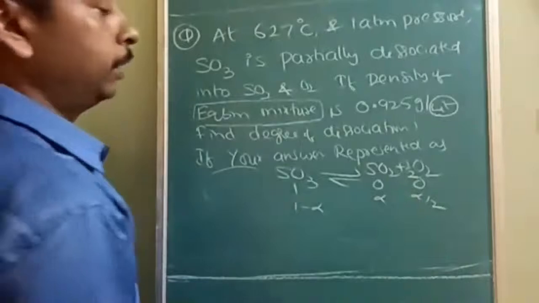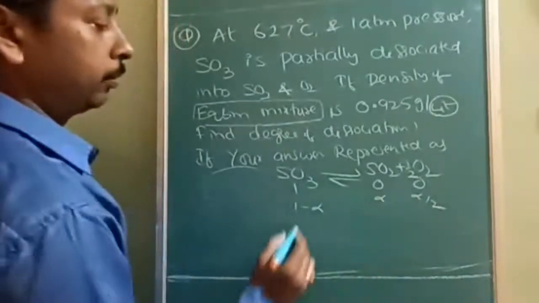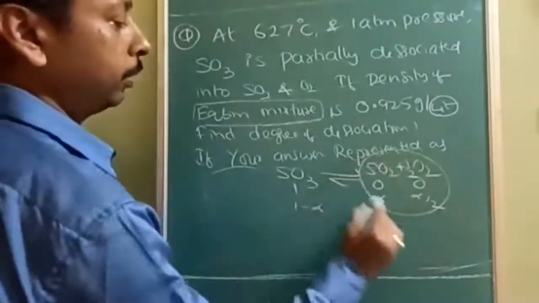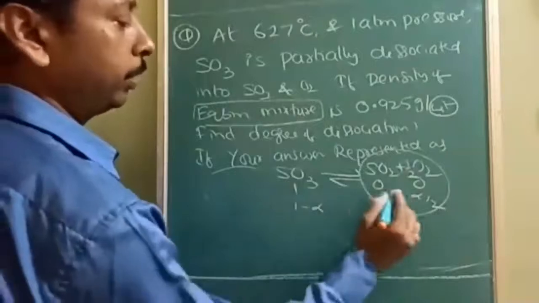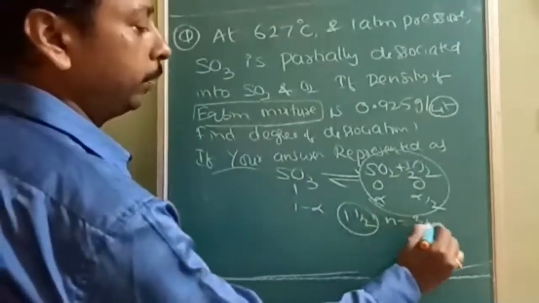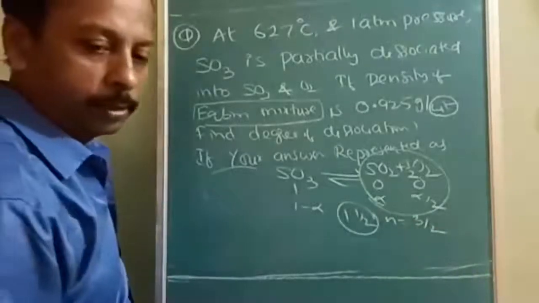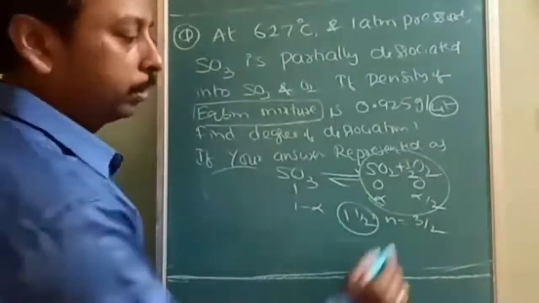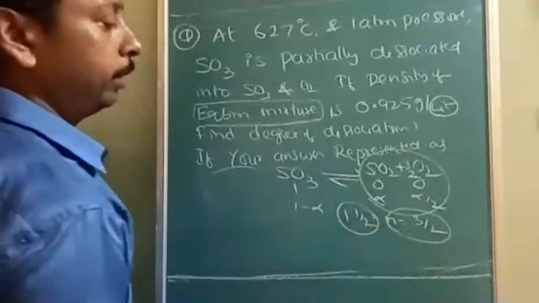The main problem with this type of question is finding the n value. Here 1 mole is giving 1.5 mole, so n is equal to 3 by 2.